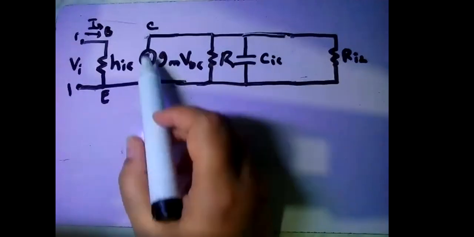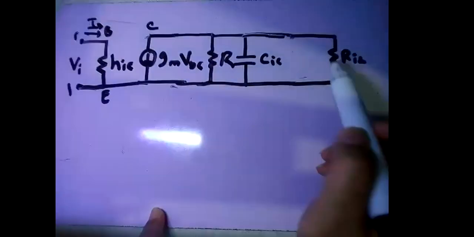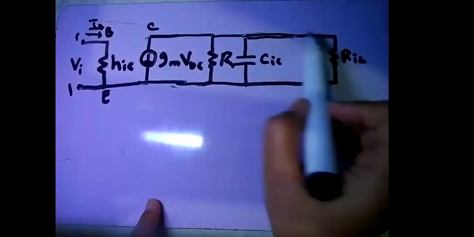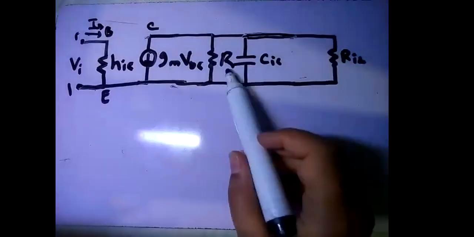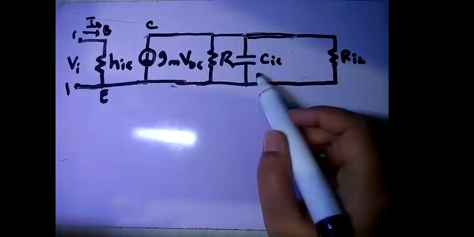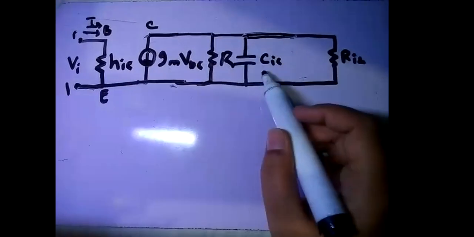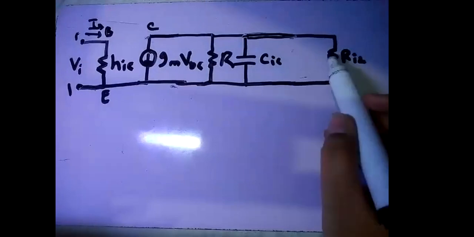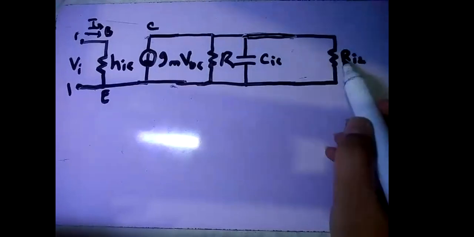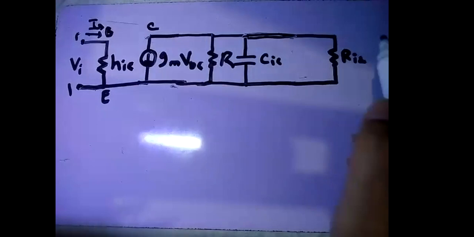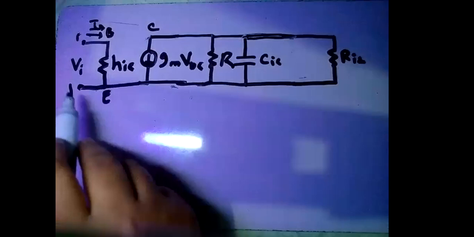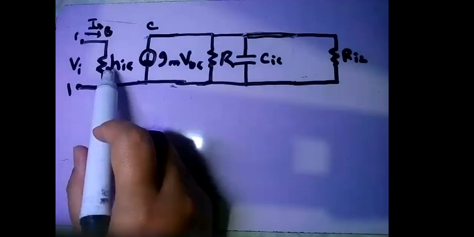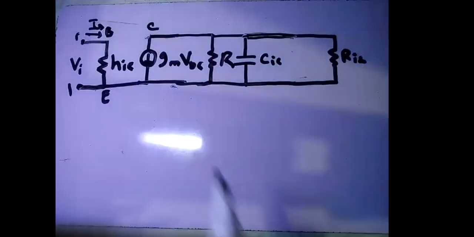It is supplied to the second stage, and here lies a resistor, the internal capacitance or internal impedance of the second stage transistor, and the internal resistance of this transistor. RI2 is similar to HIE. Both are similar: one is for the first stage and this is for the second stage. Both of these are internal to the transistor.